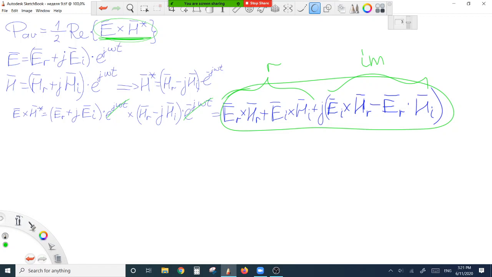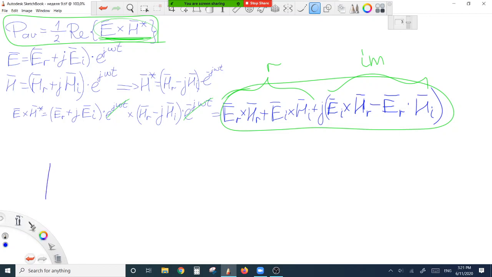We are saying that we want to show that the time averaged Poynting vector is equal to 1 over 2 multiplied by the real part of E cross H complex conjugate.